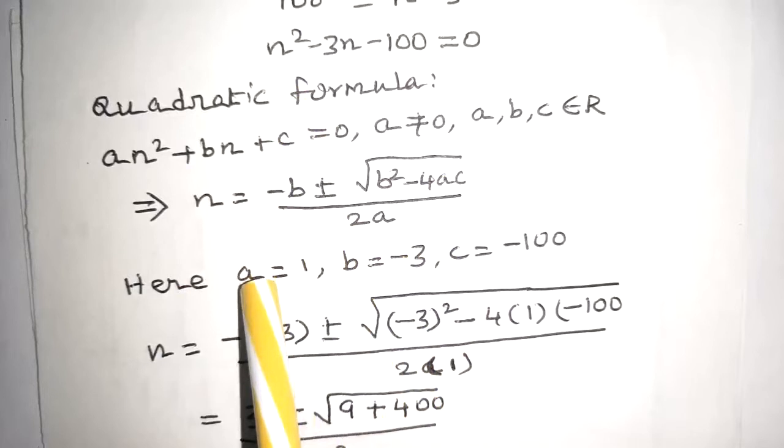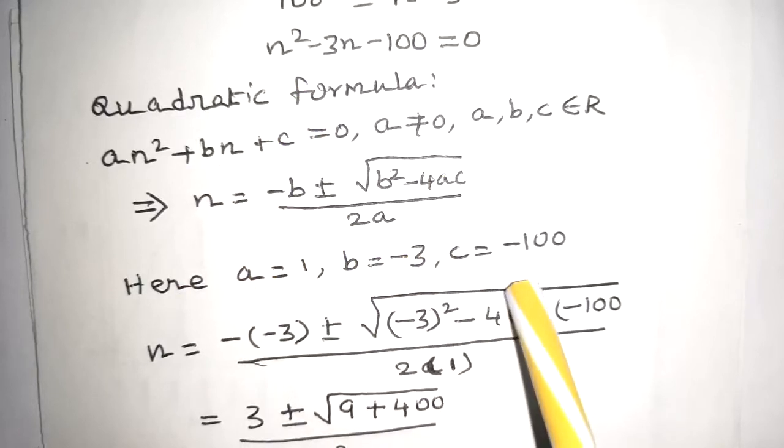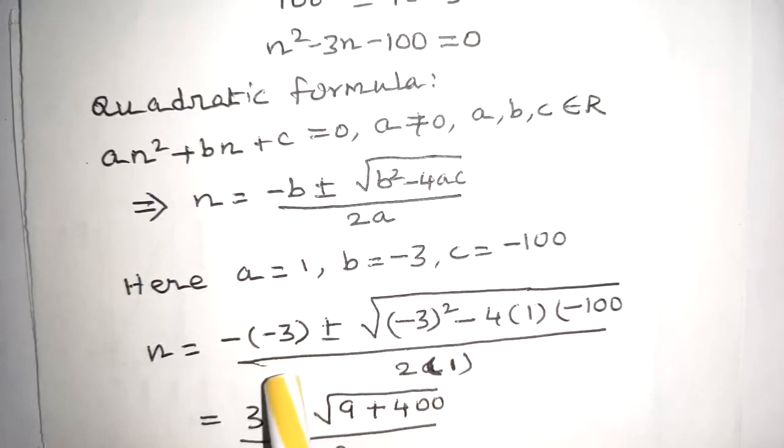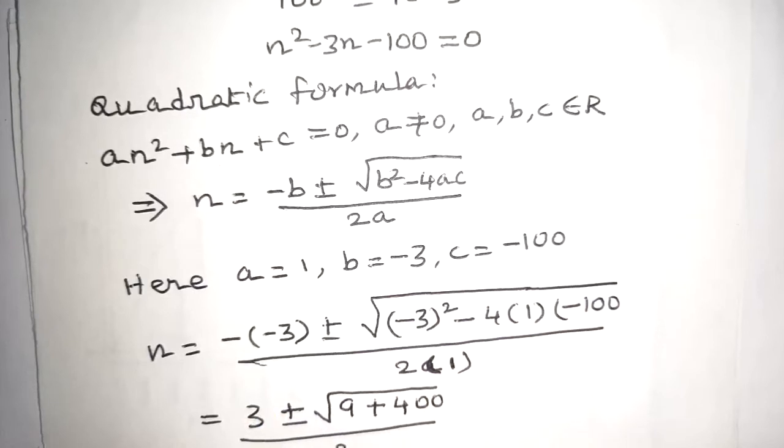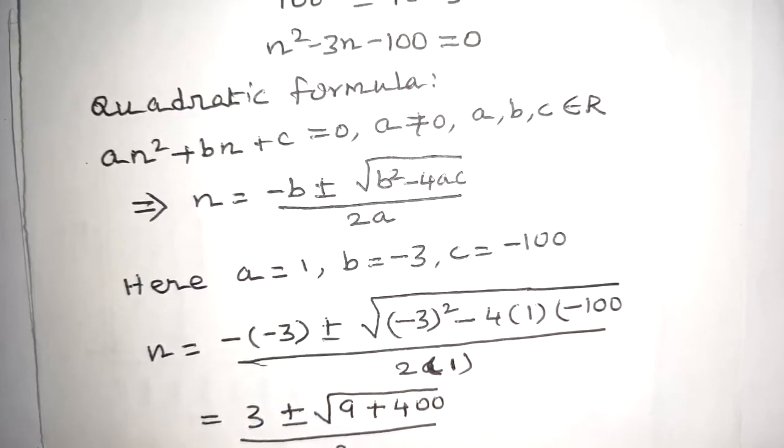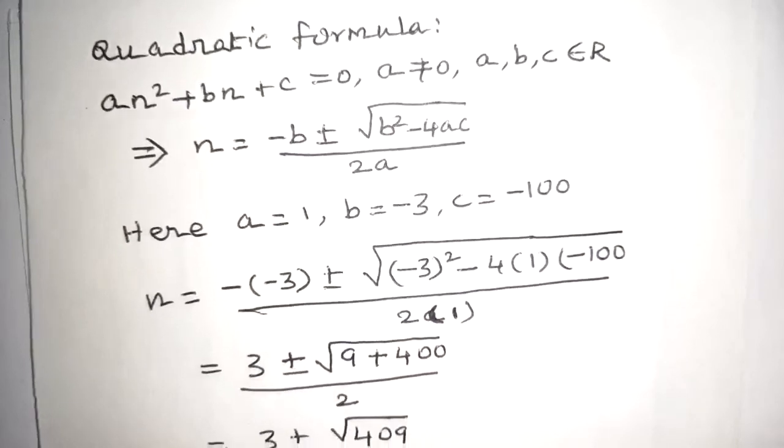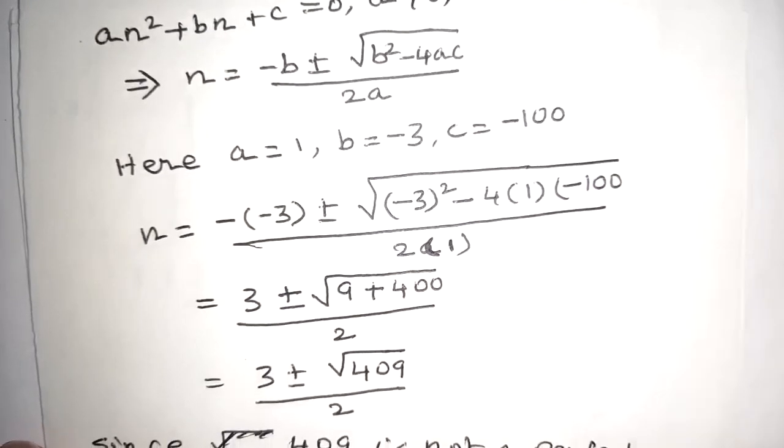Here a equal to 1, b equal to minus 3, c equal to minus 100. And we substitute the values. Finally, we get n equal to 3 plus or minus square root of 409 by 2.